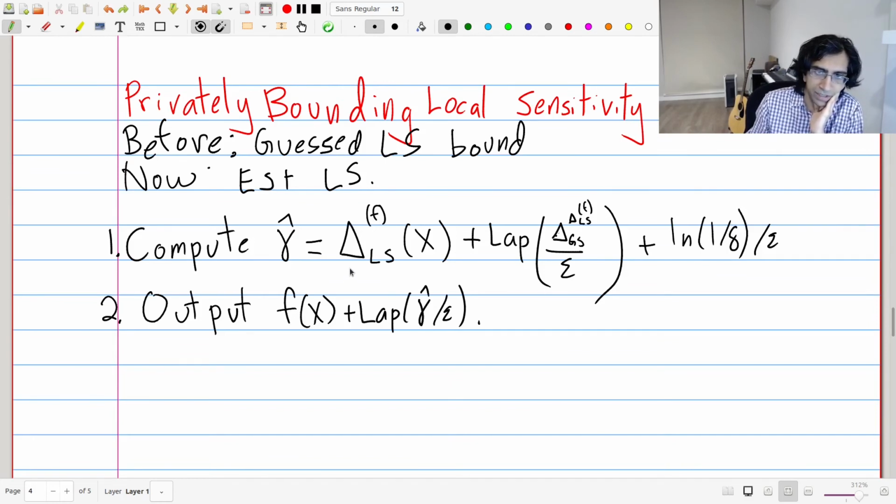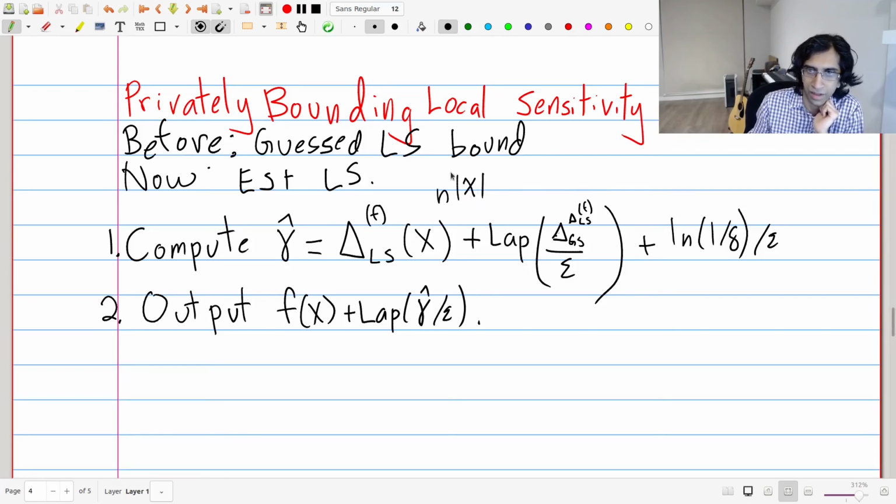In terms of computation, all you have to do is compute the local sensitivity at the dataset X, which is comparatively cheap to do. We already talked about this before, but in the worst case, you have to consider changing essentially every data point, which is n, and you consider changing them to every possible value in the domain.